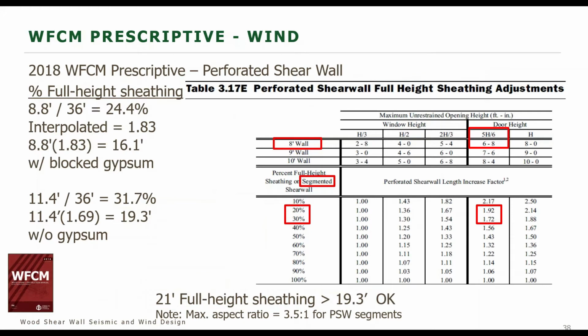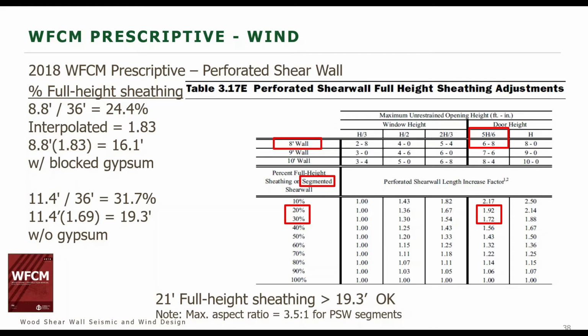So if we wanted to do a perforated shear wall, if we are going to be sheathing the entire wall surface, we start with that same segmented shear wall full height sheathing requirement. So in our case, that was that 8.8 feet that we calculated for the wall with the blocked gypsum on the inside.